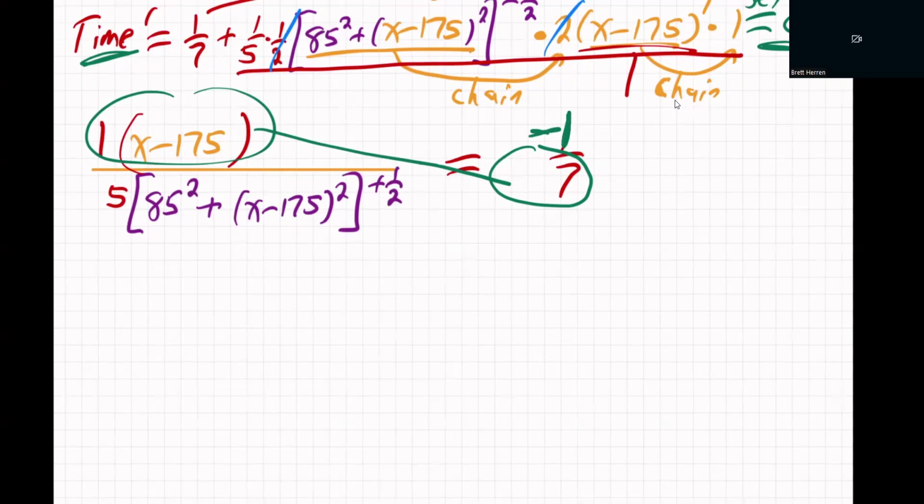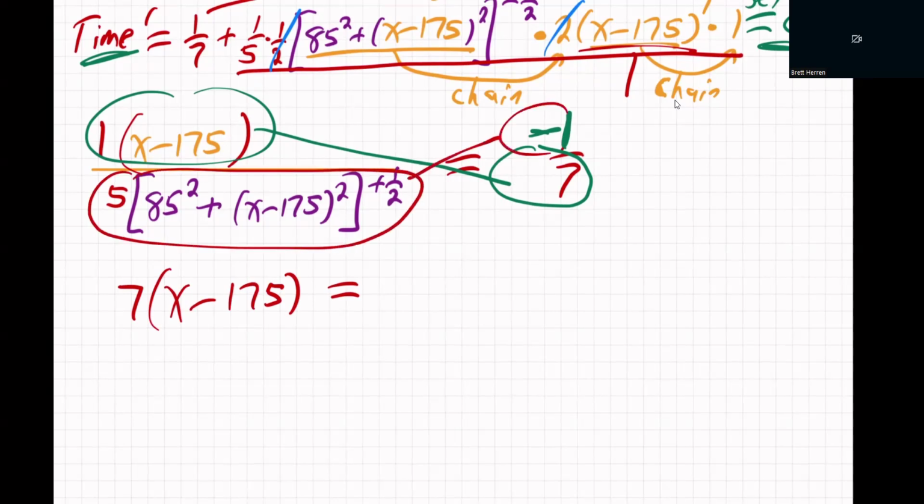It's a negative 1 up there. So I'll multiply these two. So what do we get? We get 7 times x minus 175 equals, and then on the other side, these two are multiplying, right? Diagonal, diagonal, cross multiply. So we get negative 1 times 5. And then this is really the square root. I'm going to write it that way now.